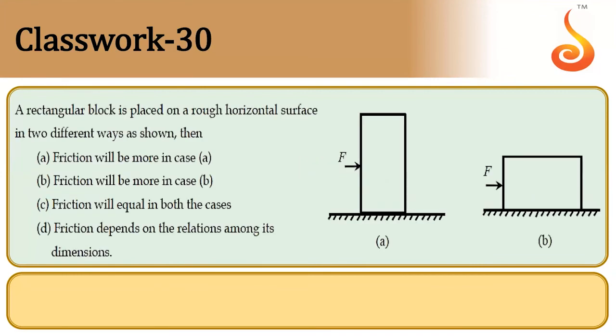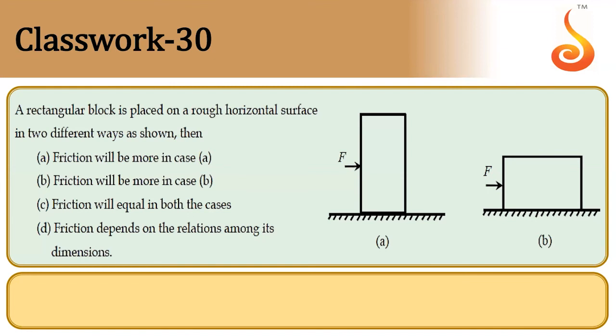Yes, interesting question. A rectangular block is placed on a rough horizontal surface in two different ways as shown. Then friction will be more in case A, in case B. In both the cases, it is equal. Friction depends on relations among its dimensions. Yes, this is a very important concept here.